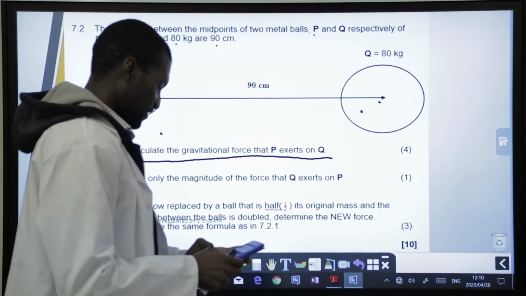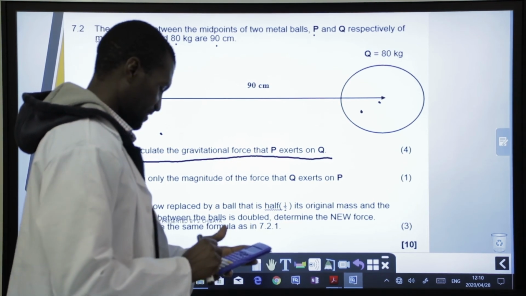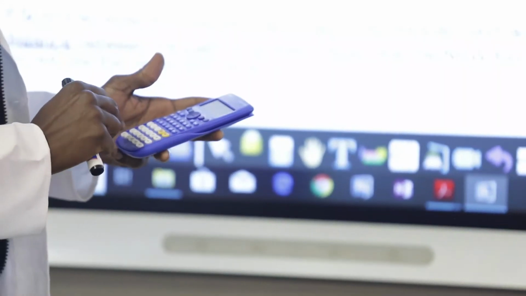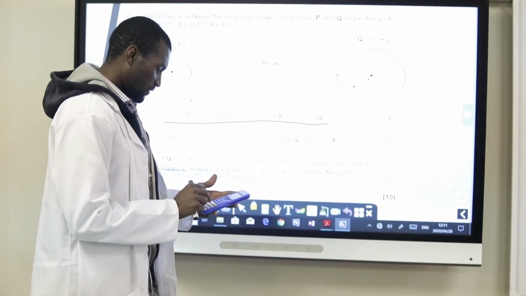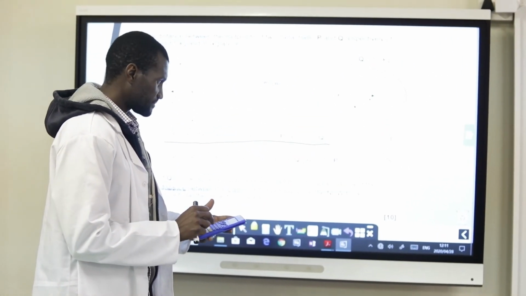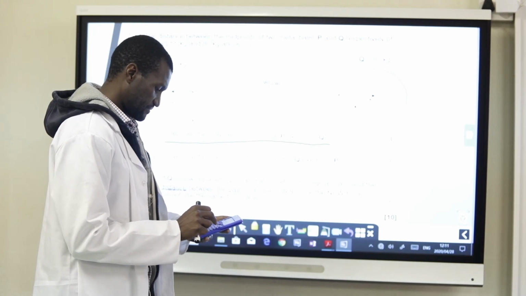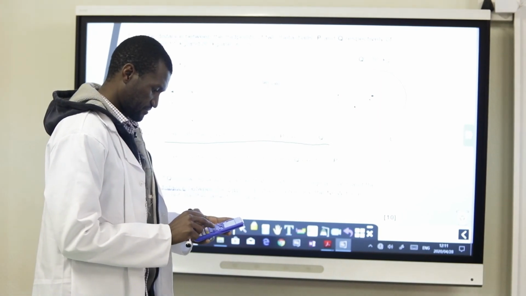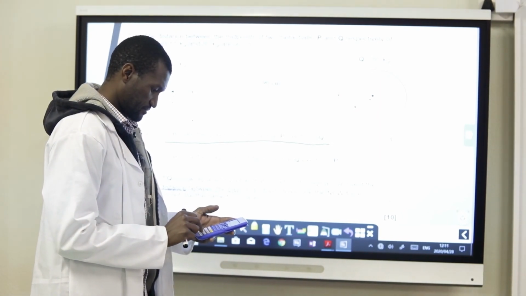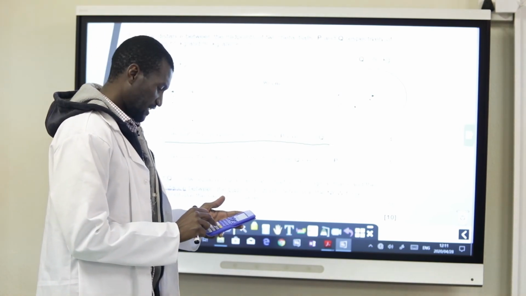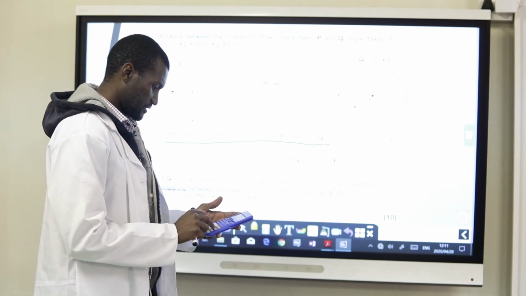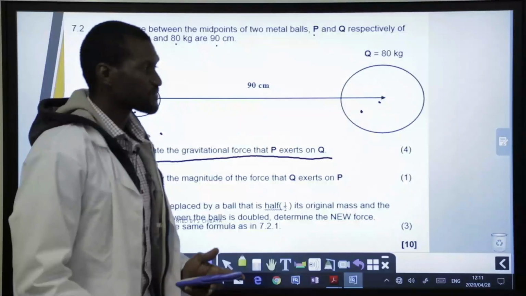All right, so it will be 6.67 times 10 to the power negative 11 multiplied by 80 and multiplied by 65.